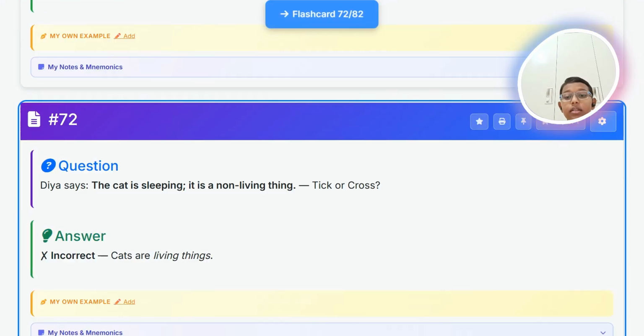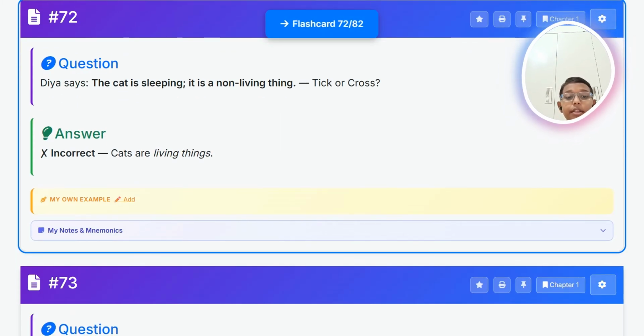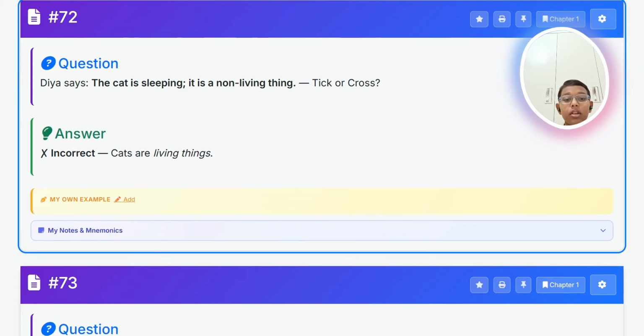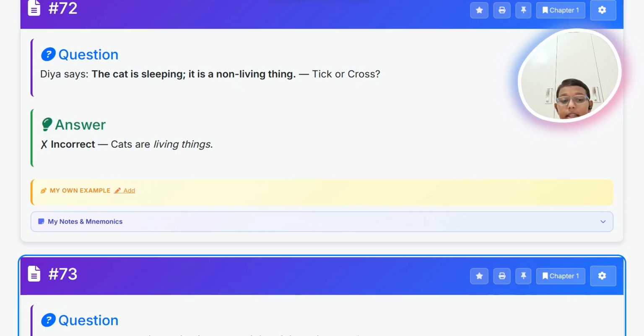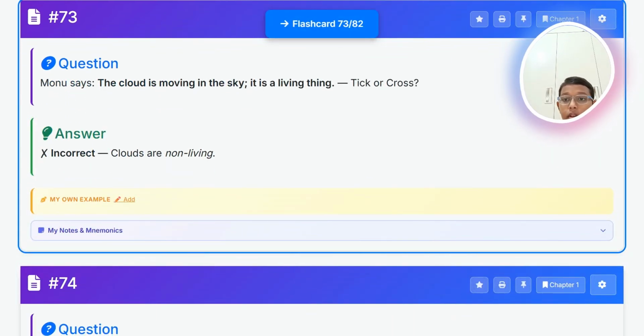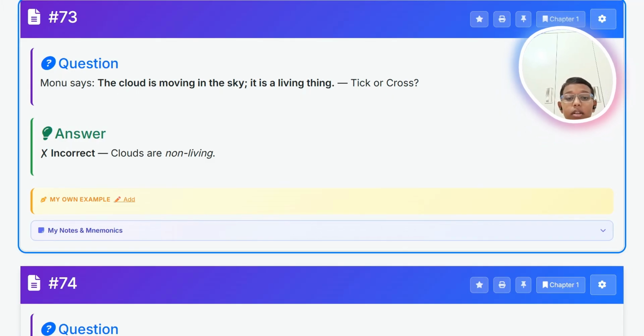Dia says the cat is sleeping. It is a non-living thing. Tick or cross. Cross. Incorrect. Cats are living things. Monu says the cloud is moving in the sky. It is a living thing. Tick or cross.